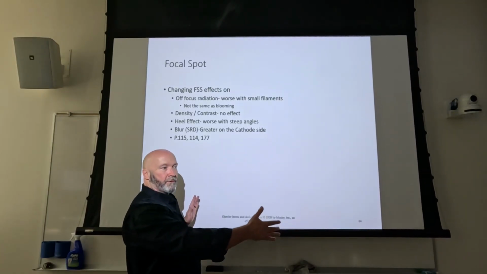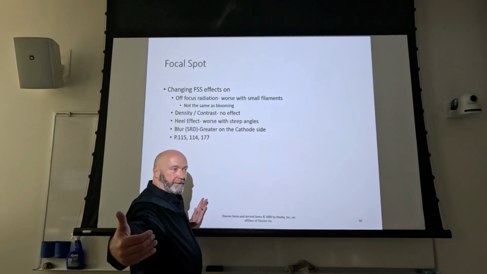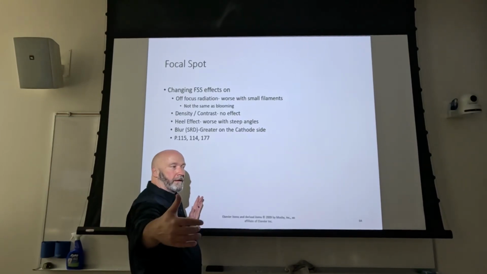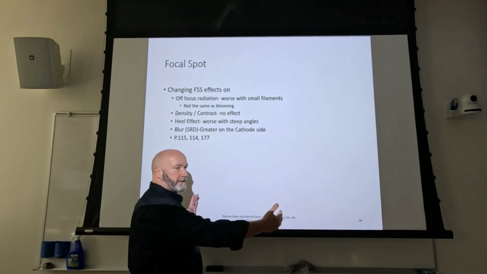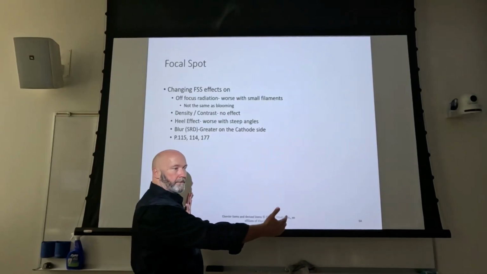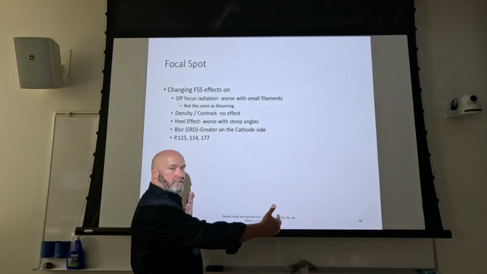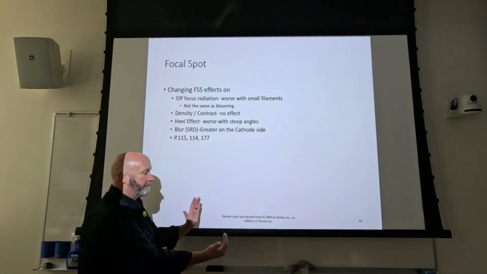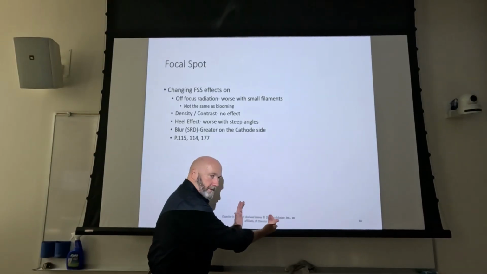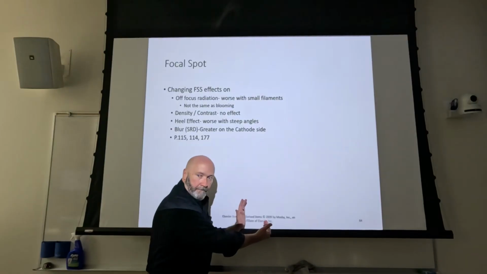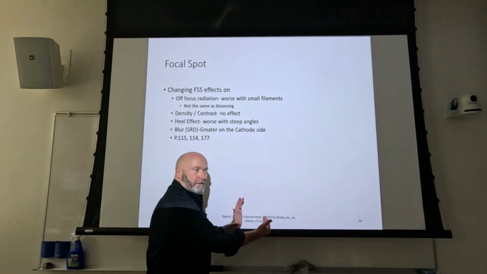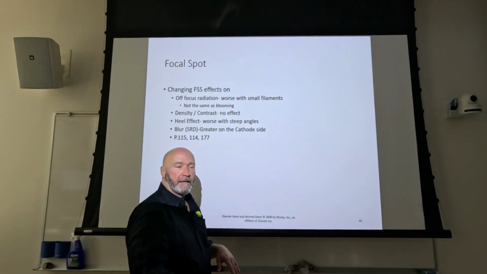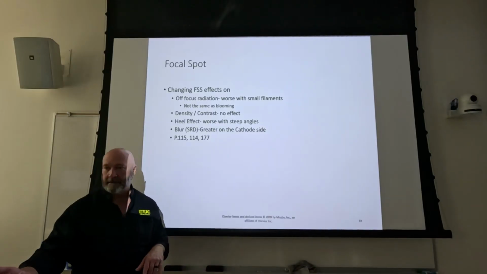So if you back up to 72 inches and you want to cover the same field size, what do you do? Collimate. Yeah, collimate. So what you're using is more of this portion of the X-ray beam as you back up. Does that make sense? So the anode heel effect becomes less pronounced at increased SIDs.